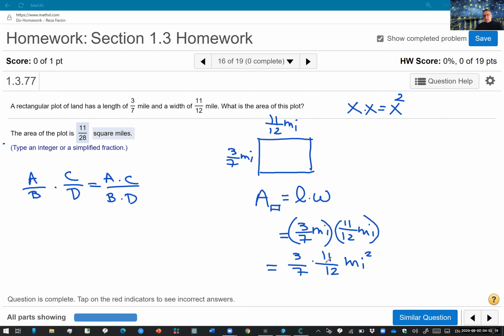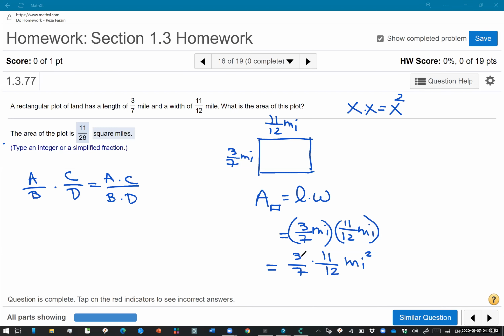So here, 3 and 12, right? When I cross cancel, what do I get? Help me out here and tell me how I can cross cancel.